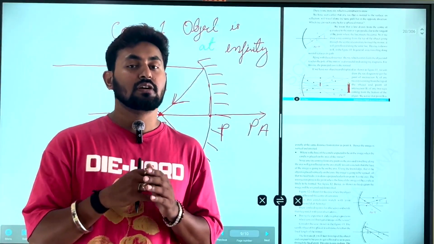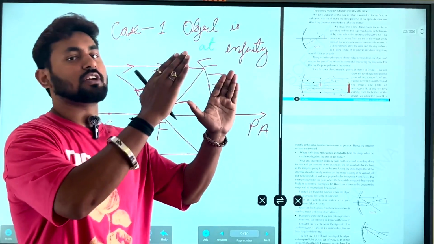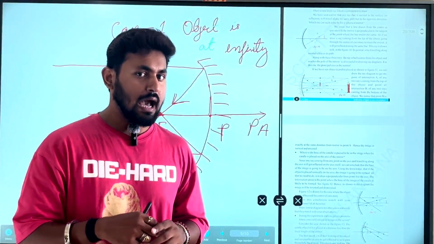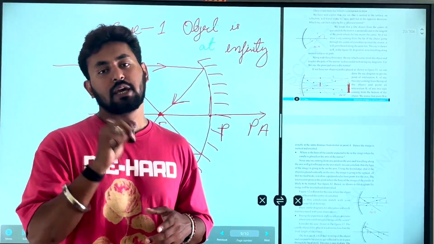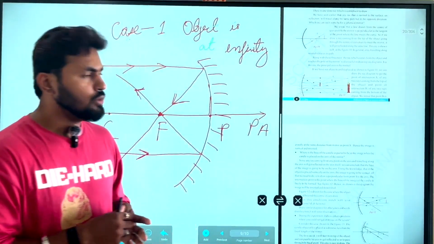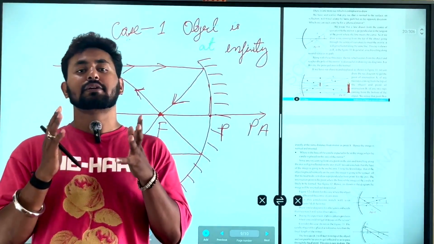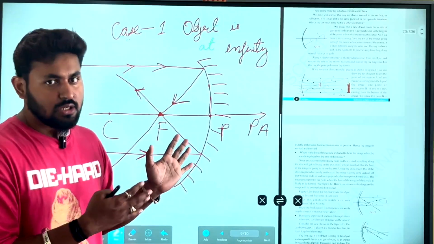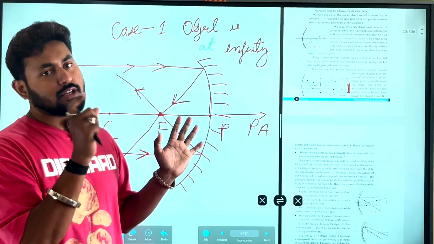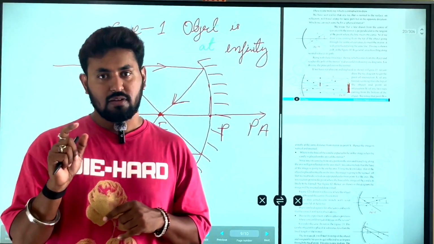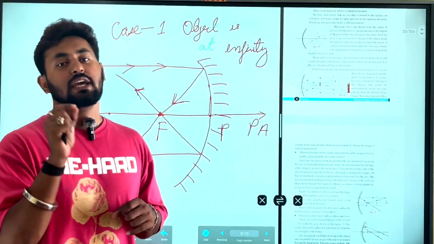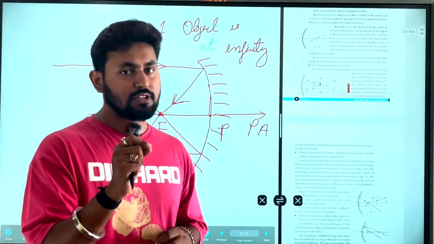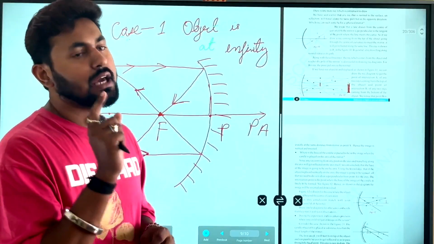So the image which can be caught on the screen is called a real image, and its nature will be inverted. Whenever you write the characteristics and nature of the image with the word real, inverted always goes with it. So you should say that the image is real and inverted.